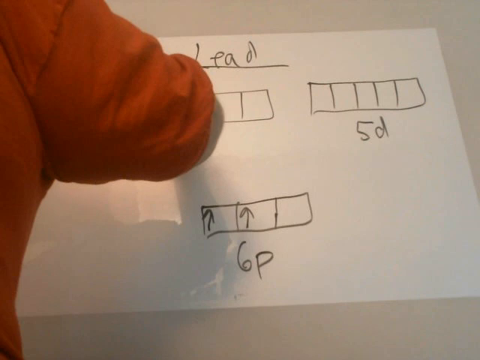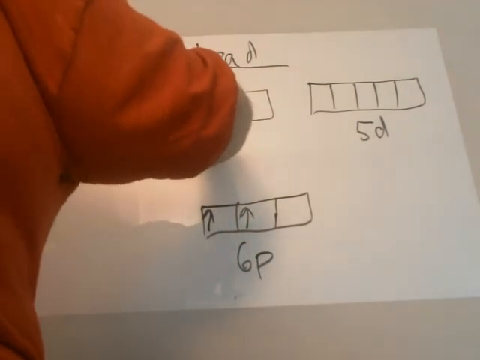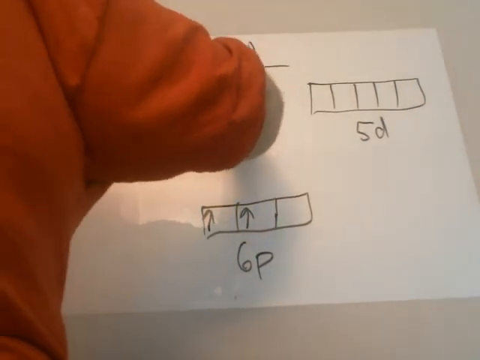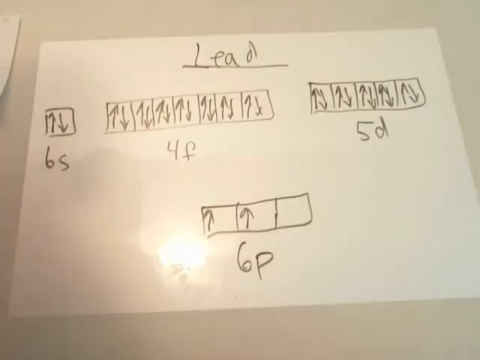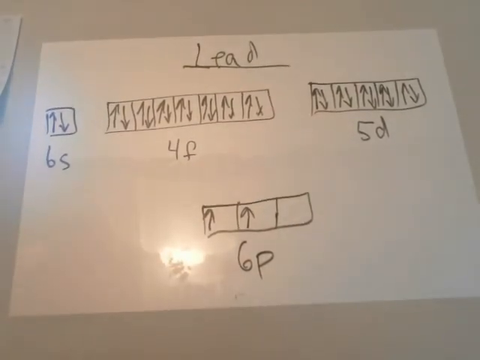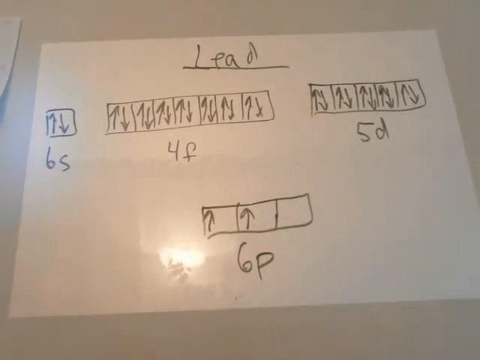So I need to place all of my electrons in these boxes now. So that would be the orbital diagram for lead.